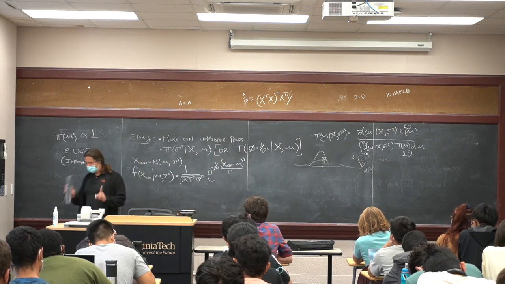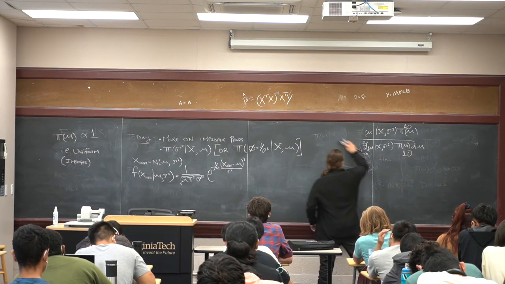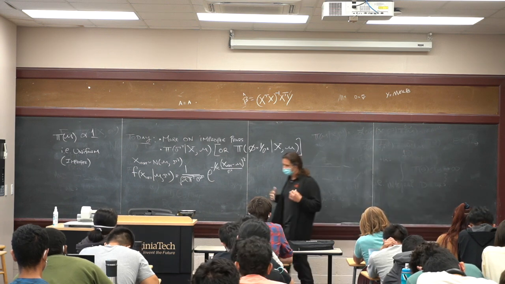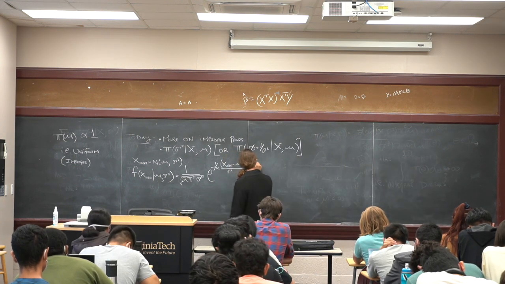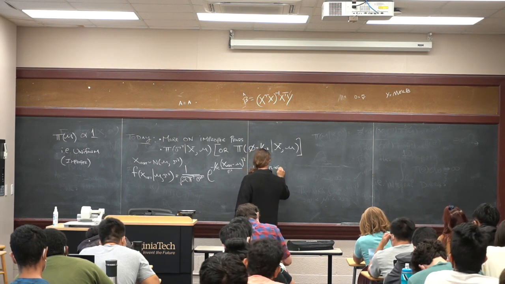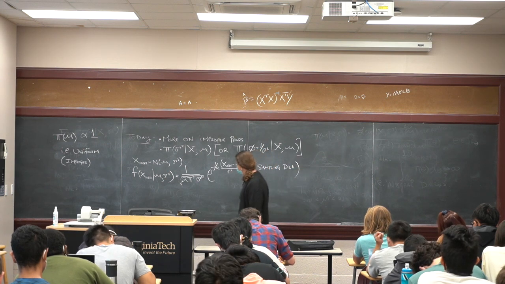Let me write down the likelihood function for mu. This is what we did last time. Then I'll show you what the likelihood function for sigma squared is. So this is the sampling distribution. What's random?